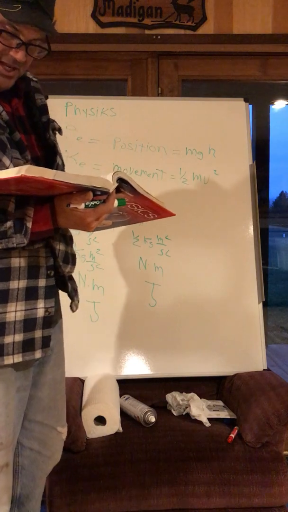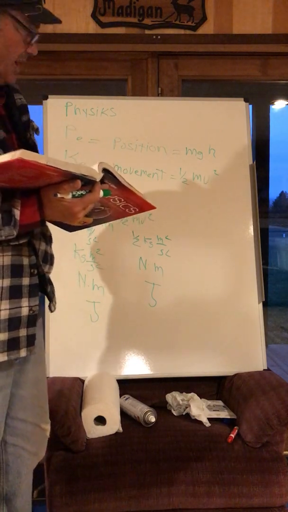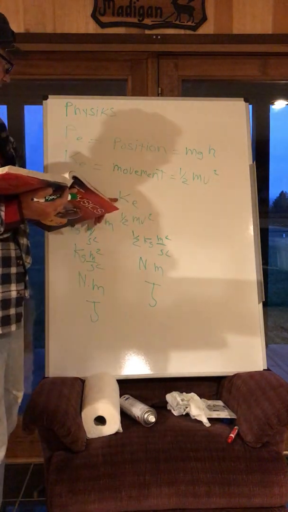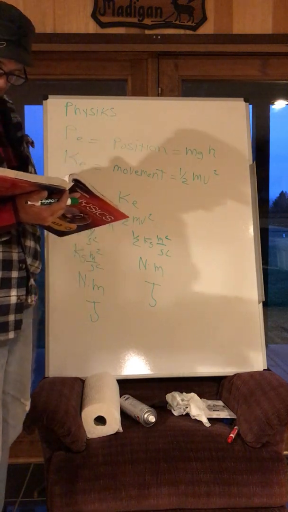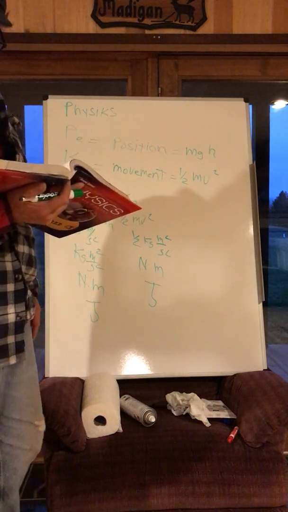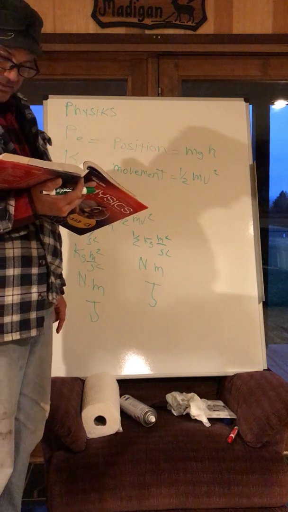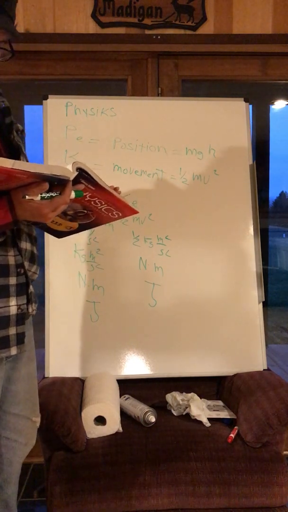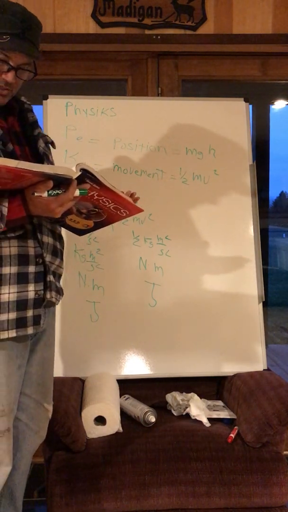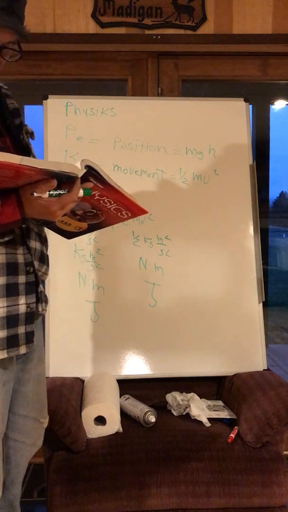Energy due to movement. On page 287, number 1, a skater has this mass. She moves 2.5 meters per second, glides to a stop over 24 meters. How much work did the friction of the ice do to bring the skater to a stop?